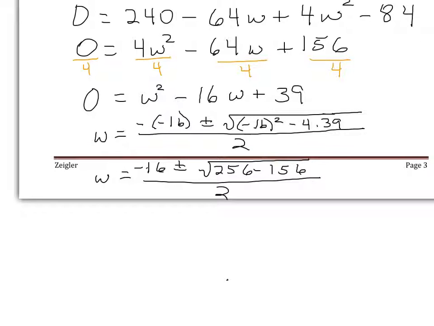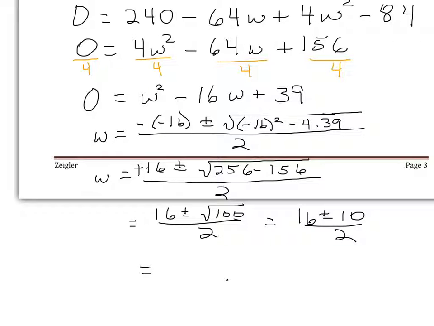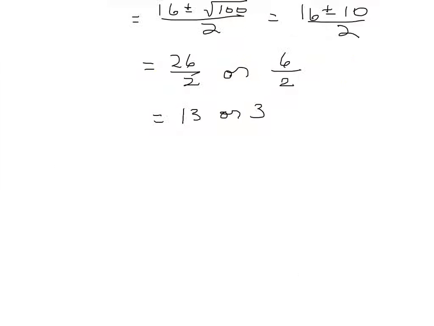And that gives us positive 16 plus or minus square root of 256 minus 156 over 2. And that gives us 16 plus or minus square root of 100, which is 10, all that over 2. So our choices are 16 plus 10 over 2 or 16 minus 10 over 2. So our little w equals 13 or 3.